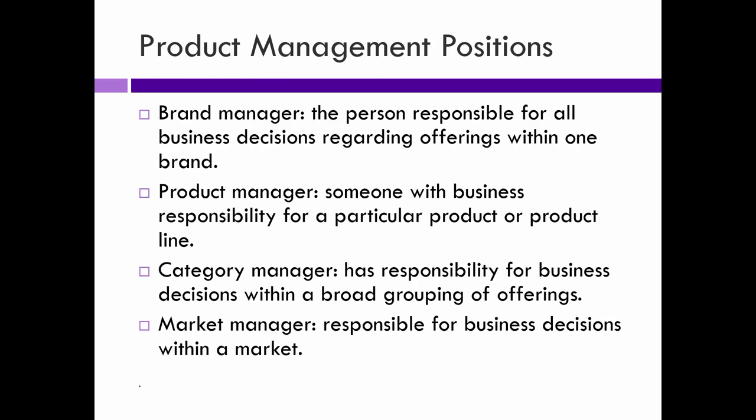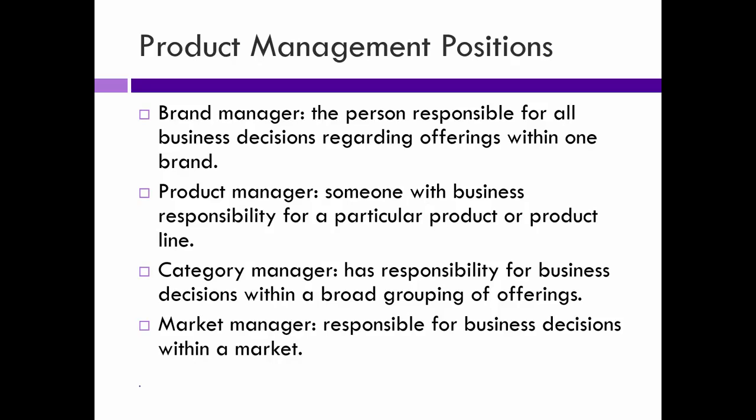And the last thing here is a couple things about different positions in marketing, career-related things. A brand manager is somebody that's responsible for all the different decisions within that brand, managing that brand and making sure people recognize it, making sure everything is consistent with the positioning. A product manager would be for a specific product or product line within that brand.